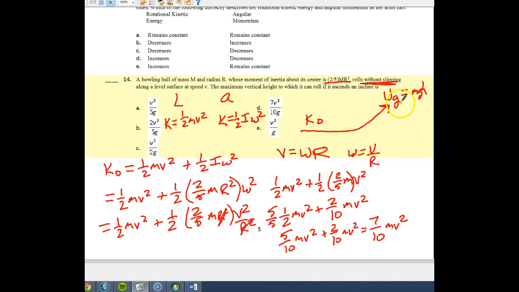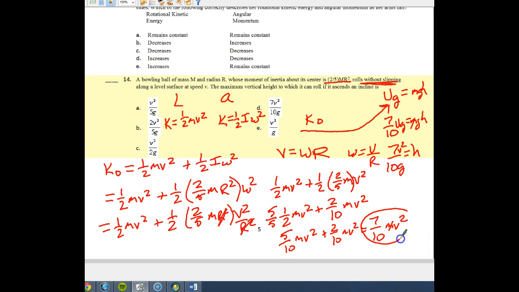So let's think about height. If this is 7 over 10 mv squared, and that's equal to mgh, we can ignore the m's since they can cross off, and now we're left with 7 over 10, and the g goes on the bottom, times v squared, and that would be equal to h.